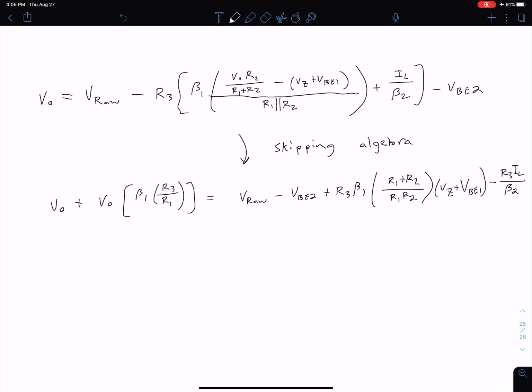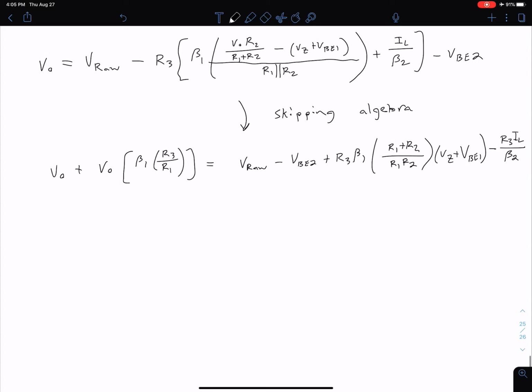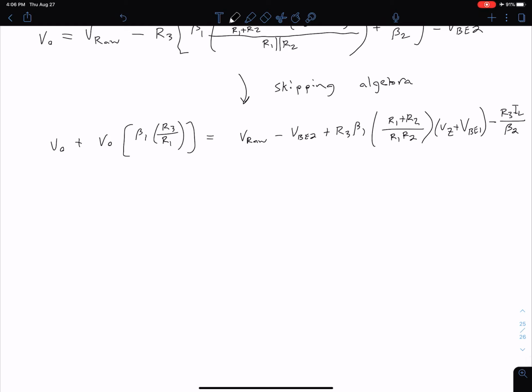So what we want to do then is on the left side we can factor out this V out, divide through by everything that's not V out, and then we'll have V out equals. So we're basically just going to take everything that we had on the right side to be our numerator.